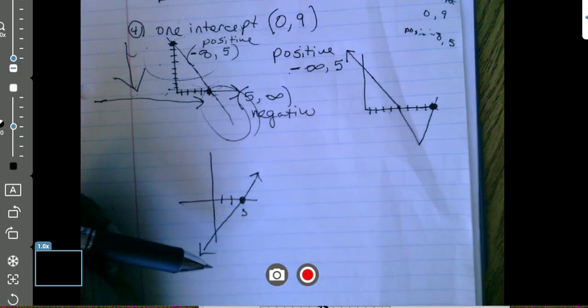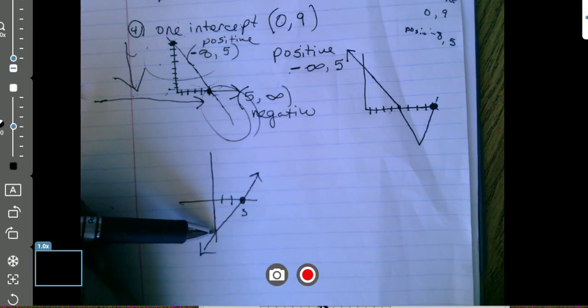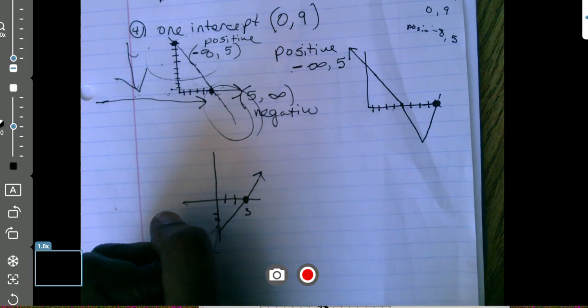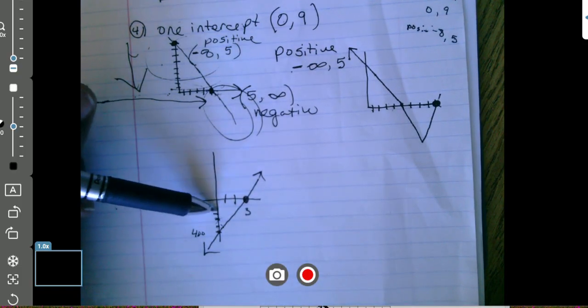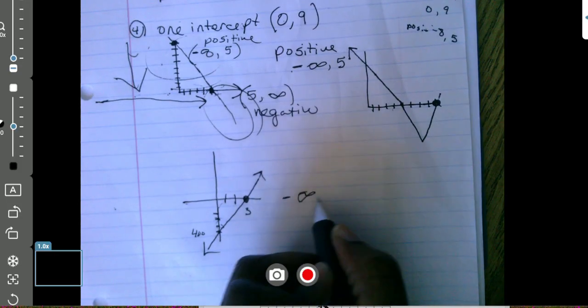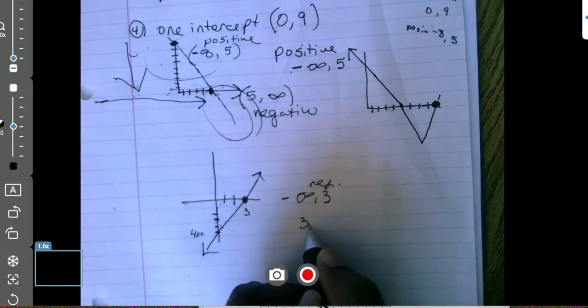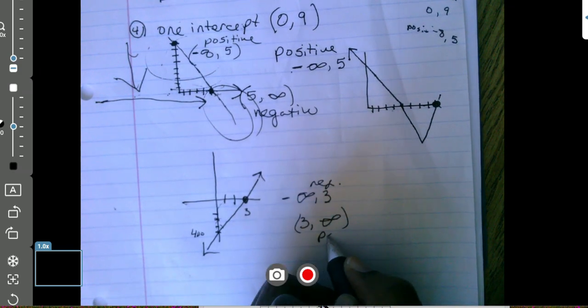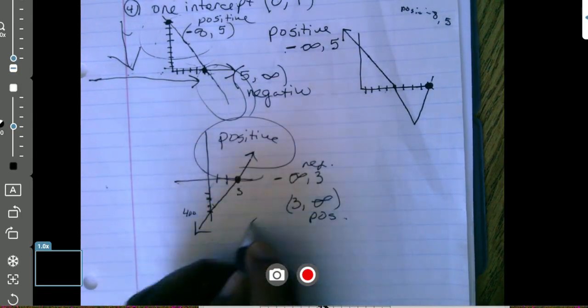So if this was little Sally borrowing money from her uncle to start her barbering business, she borrowed money, so she's in debt, let's say $400, and every time she cuts some hair, she makes money. She's got to cut 3 heads before she's out of debt. So from negative infinity to 3, the graph is negative. And then from 3 to positive infinity, the graph is positive. This is the positive side, and this is the negative side.